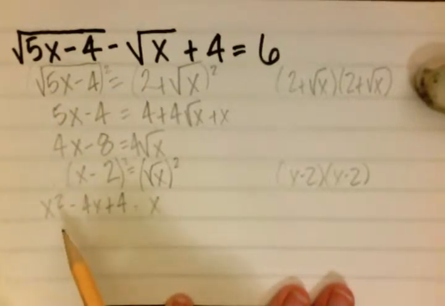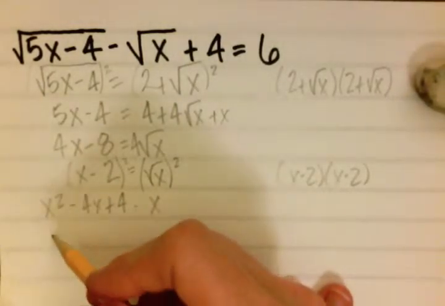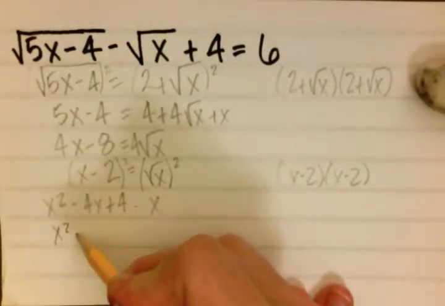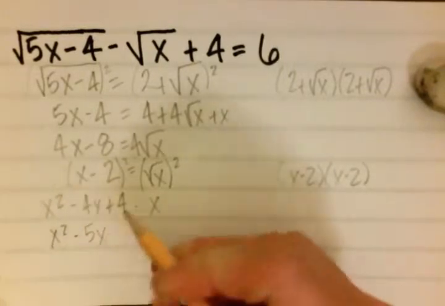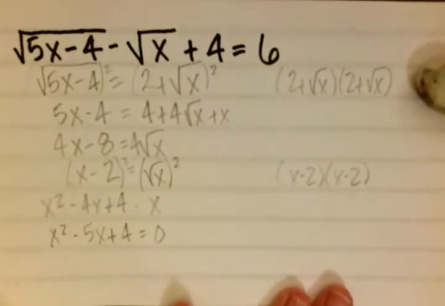Okay, so now we have a quadratic equation. But the way we always want to set up a quadratic equation is to have it on one side of the equal sign and the other side of the equal sign needs to be 0. So we still have to subtract x from both sides here, so we get 0. So that's going to leave us with x squared minus 5x plus 4 equals 0.